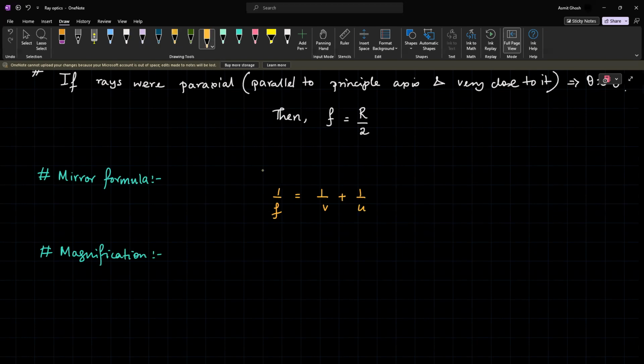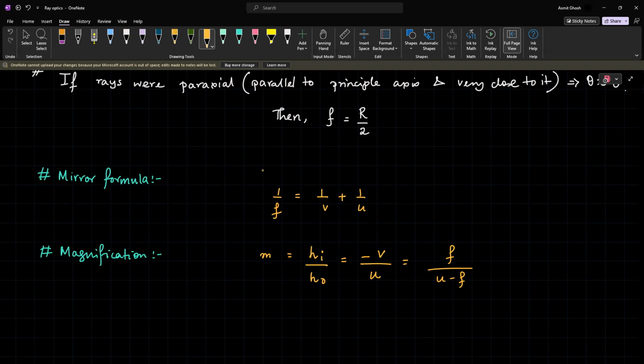Magnification is defined as m is equal to image height by object height, which is also equal to the ratio of minus the distance of the image from the pole divided by the distance of the object from the pole, which is also equal to, from the mirror formula, f by u minus f.